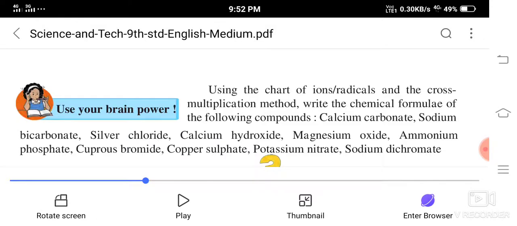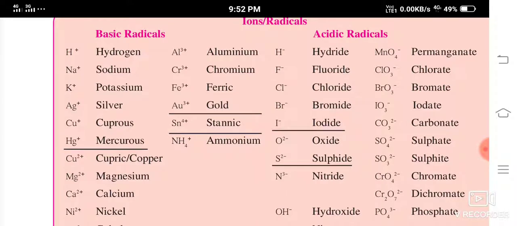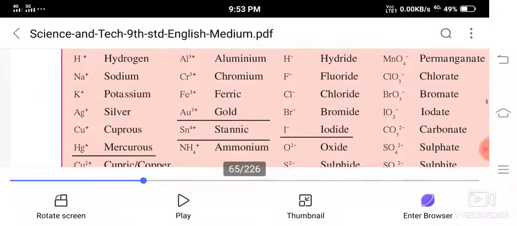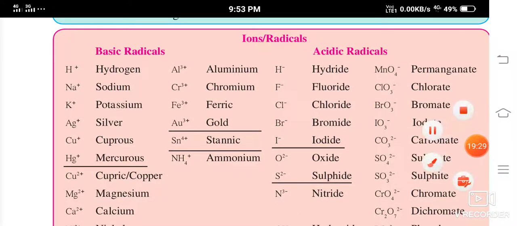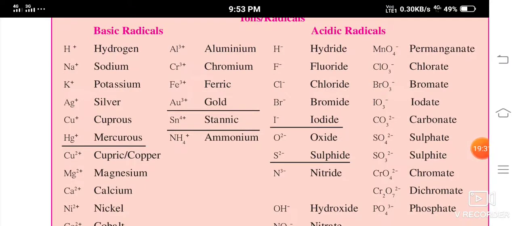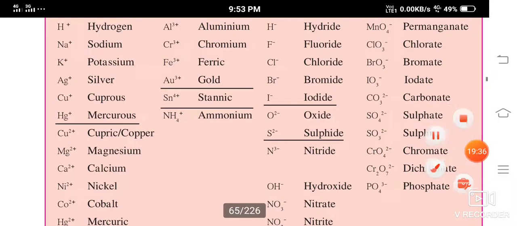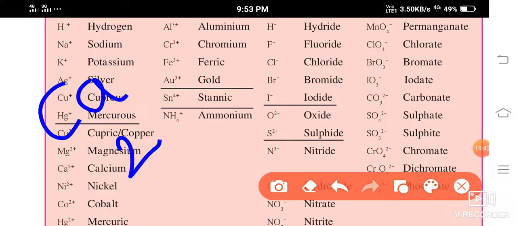Calcium hydroxide. See, calcium is 2, and oxide is also 2.